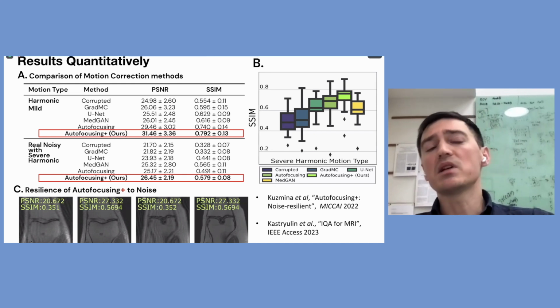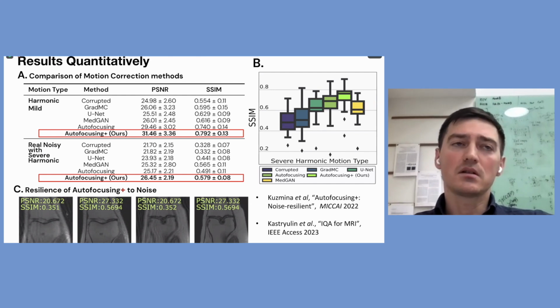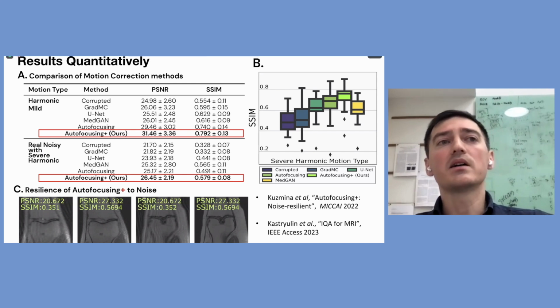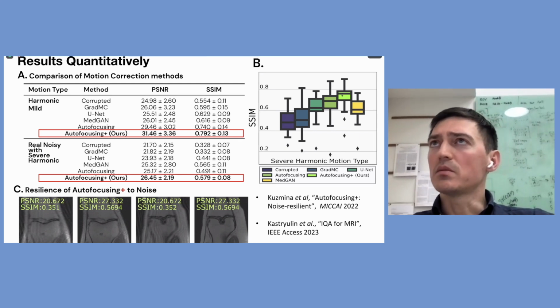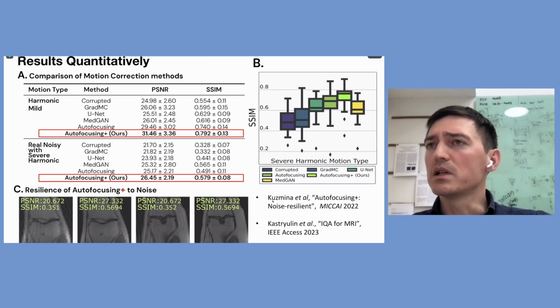For example, this image is from a low Tesla machine that has a lot of noise in the background, and it still recovers a really nice, anatomically feasible image. In terms of metrics, it's also a very good performance. We are showing here the structural similarity metric, but you probably know that it's not the best metric.